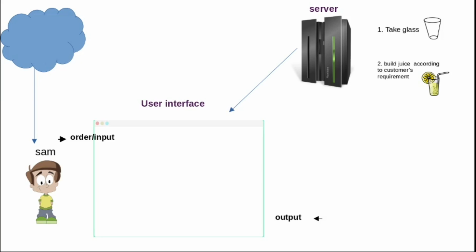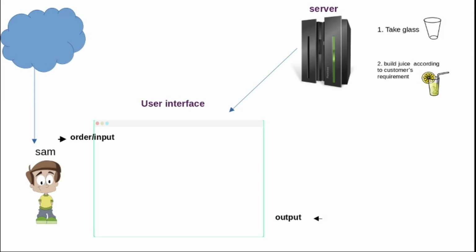And the server is not inside the house but located somewhere in the world. If you are seated in Bangalore, let's suppose your server is situated in the USA. The process is the same. You can imagine it like that in the story.